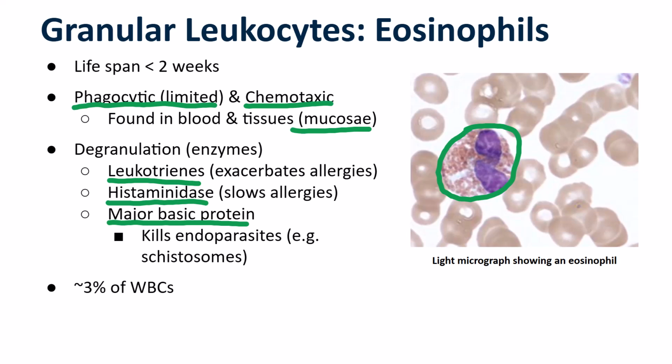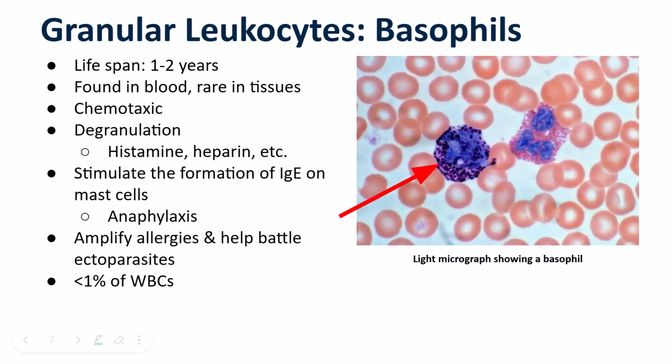And eosinophils are not very abundant. They comprise about 3% of a whole white blood count. And then the least abundant leukocyte are the basophils. Basophils get their name because they readily absorb hematoxylin, and they appear very blue or purple.